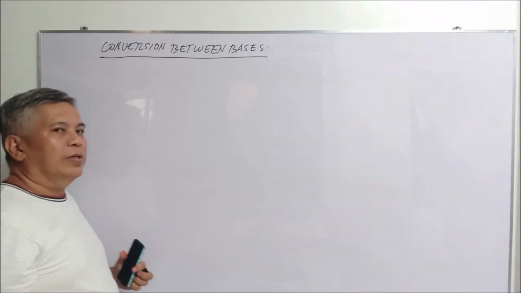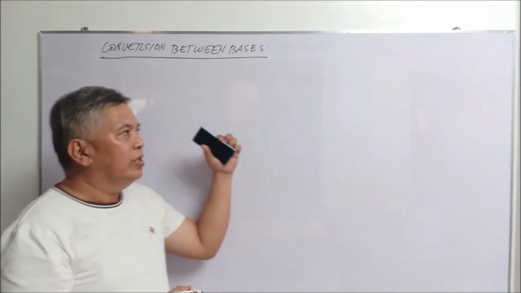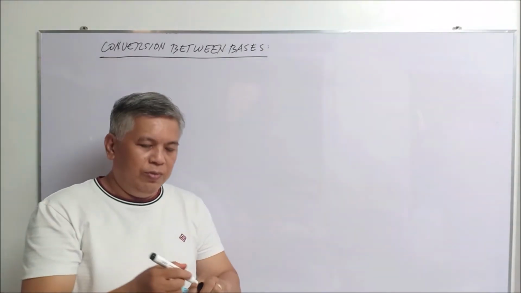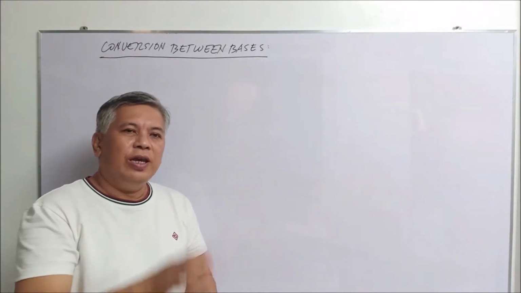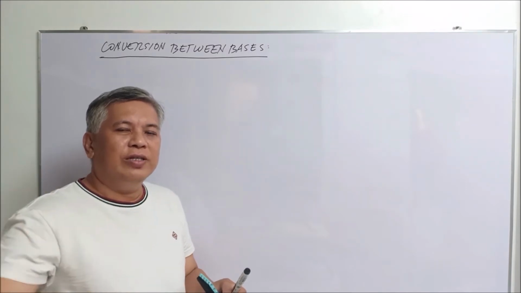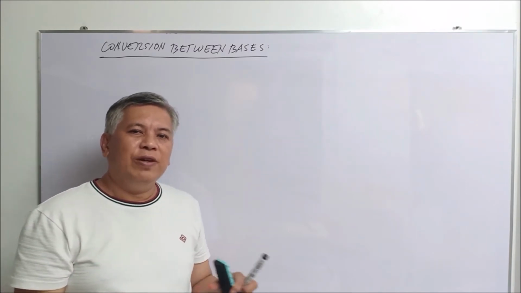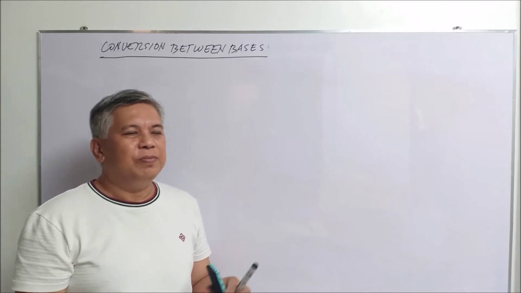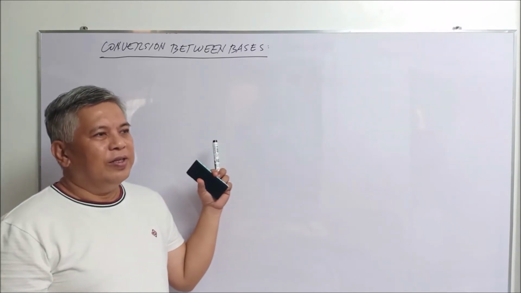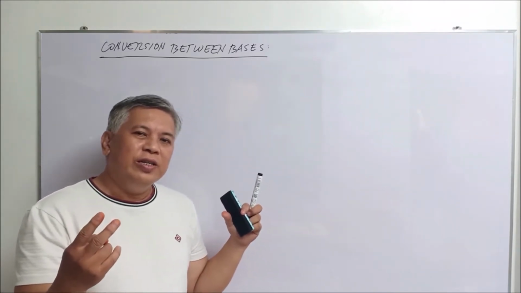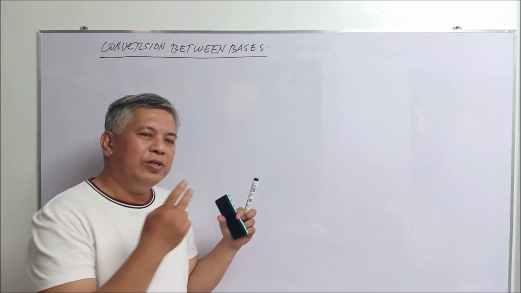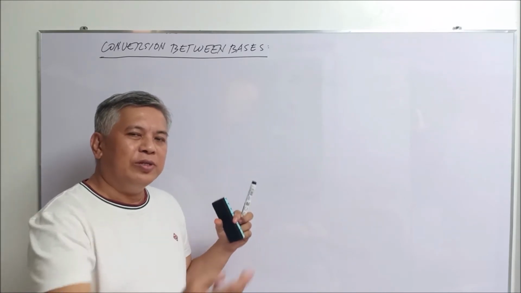Okay, so that means that using this method, we will be able to convert any number system into another number system in a very fast way. Because there are two ways of converting a number system to another number system.